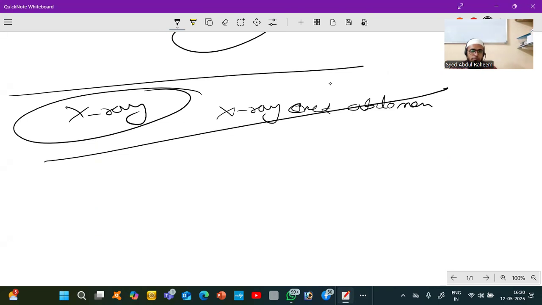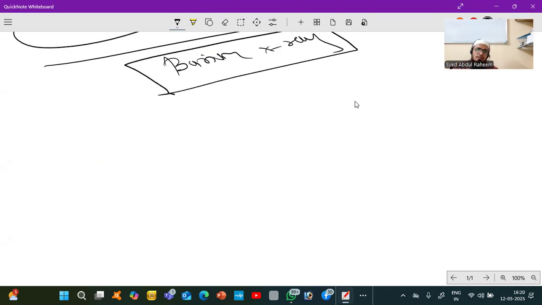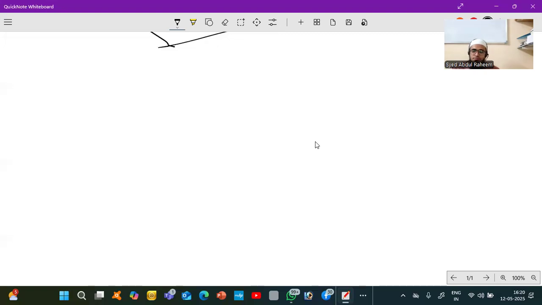Next we have barium X-ray. Barium is a liquid. Barium is a type of chemical, a metallic substance, a chemical element, which is used to see the internal images.